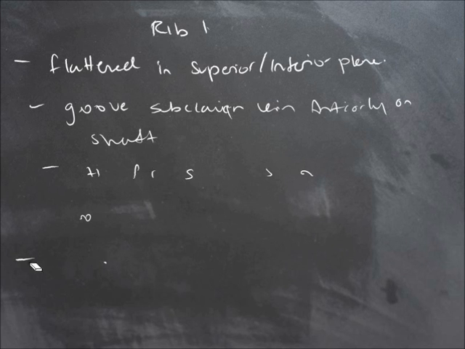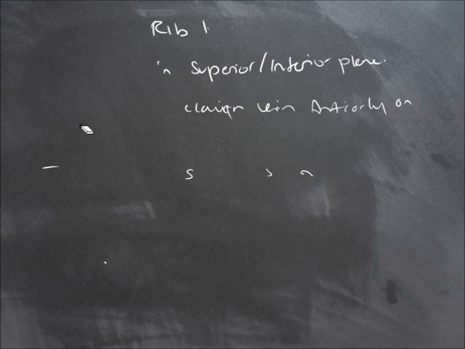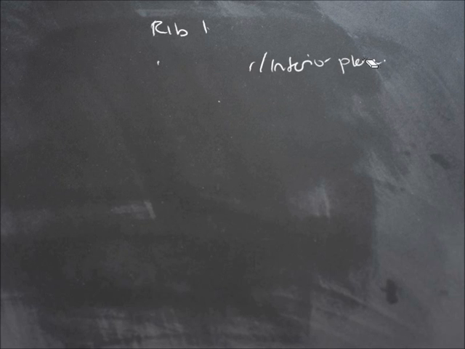Let's have a look. I'm going to draw this where the posterior will be up here and the anterior will be up here, because of the way that this rib is flattened.